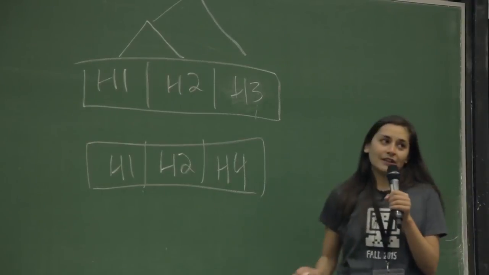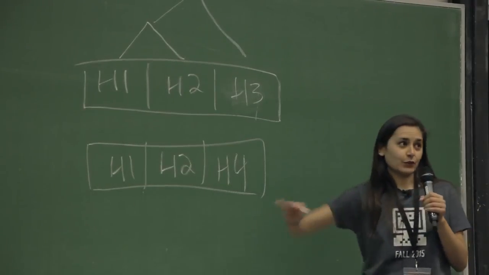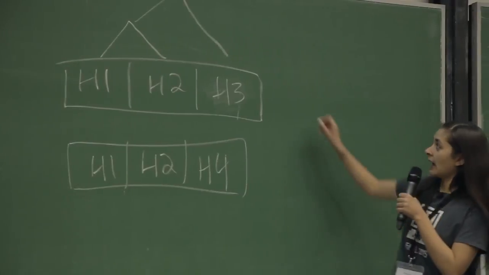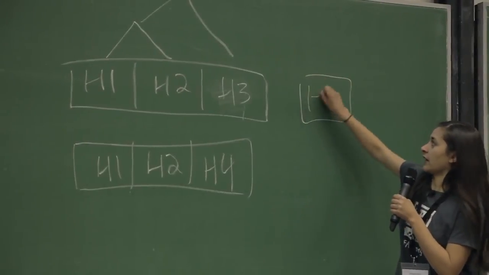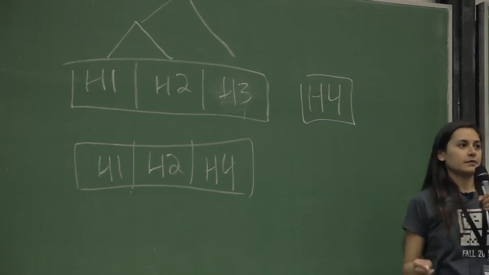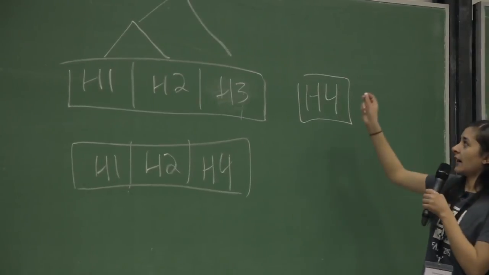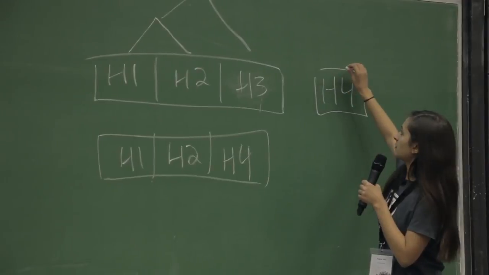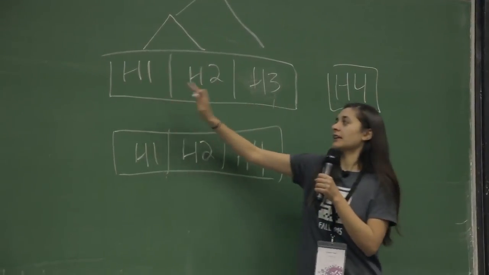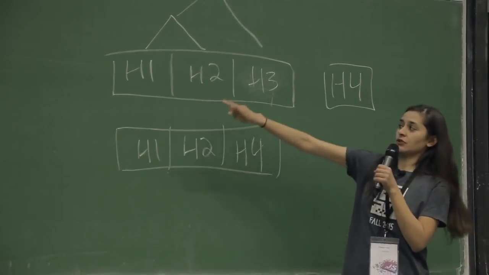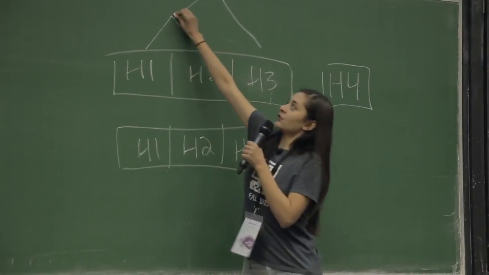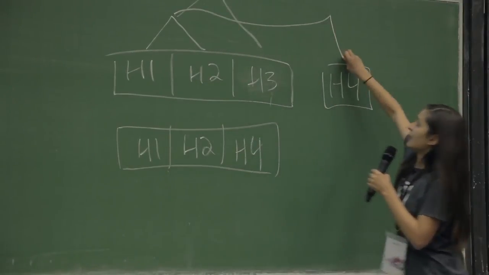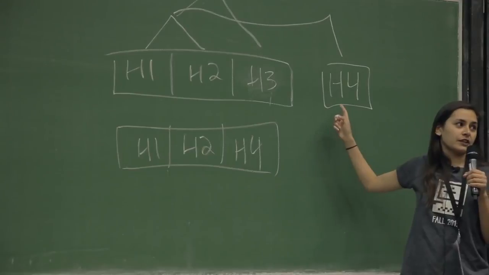And if I want to change something, I don't need to replace the entire array. I can just make a new node over here, like H4. And now I can make a new tree, which instead of repeating H1 and H2, I can reuse those same things and just make a new node which connects them to my new element over here.